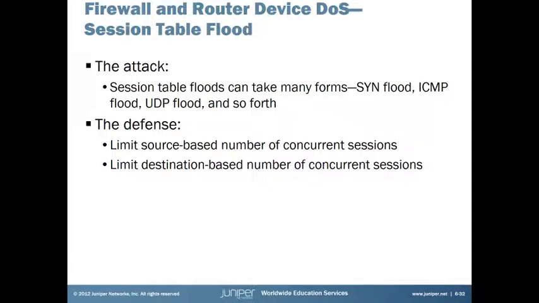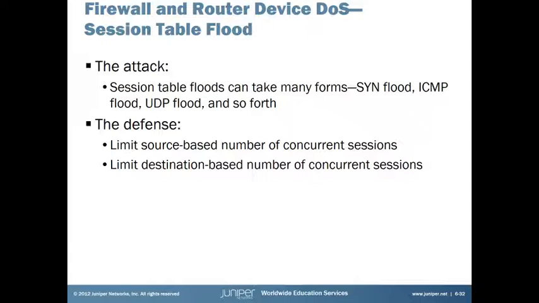So let's look at this first one. This is the session table flood. We can have a sync flood, ICMP flood, UDP flood. So there are different types of traffic that can come through and flood our session table. The defense is to limit a source-based number of concurrent sessions and limit destination-based concurrent sessions.